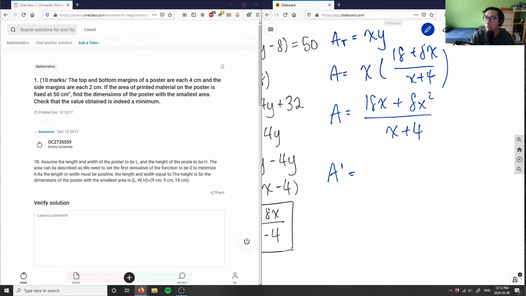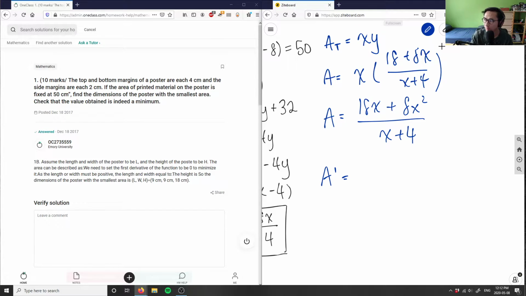If you recall from the quotient rule for our derivatives, we have two functions here, right? You can think of this as our f of x, and this as our g of x. Let me write this down for you.